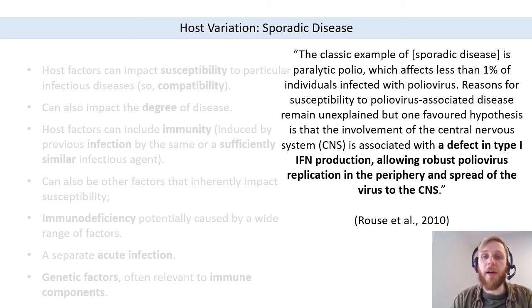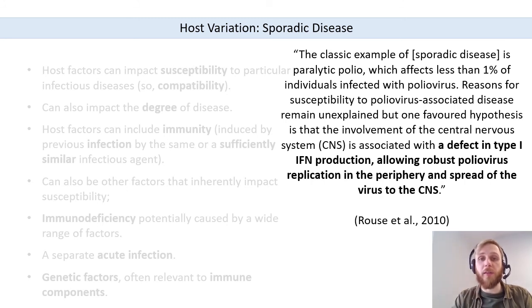So we have paralytic polio. Less than 1% of individuals who are infected with the polio virus will experience paralytic polio. And it appears to be something to do with CNS involvement, so central nervous system involvement. And as the paper here explains, it's associated with a defect in type 1 interferon production.